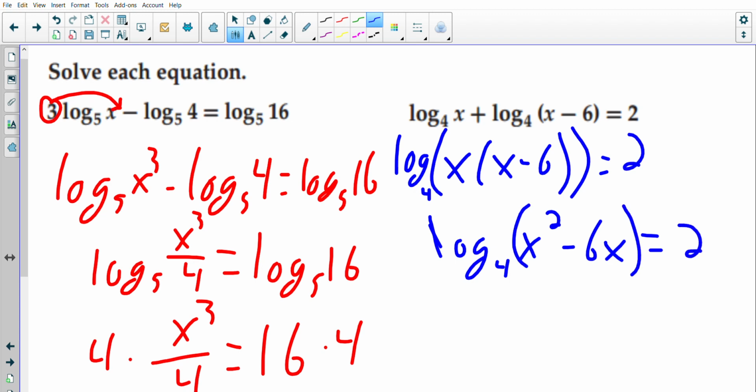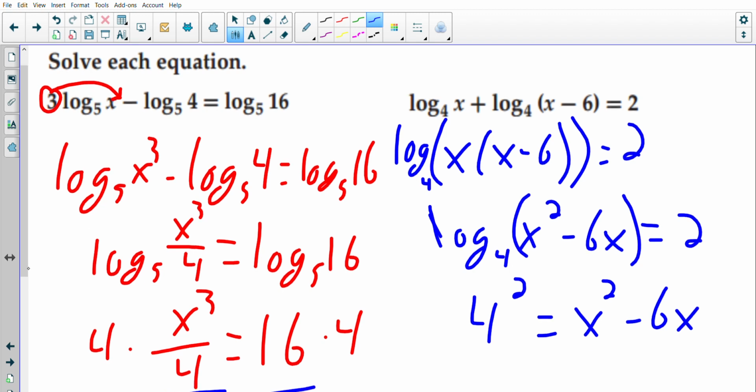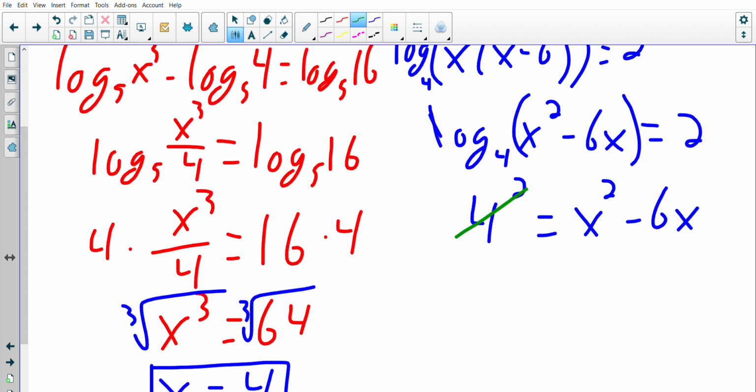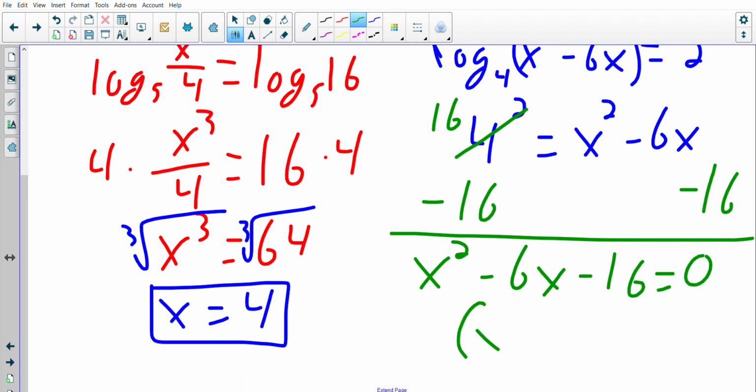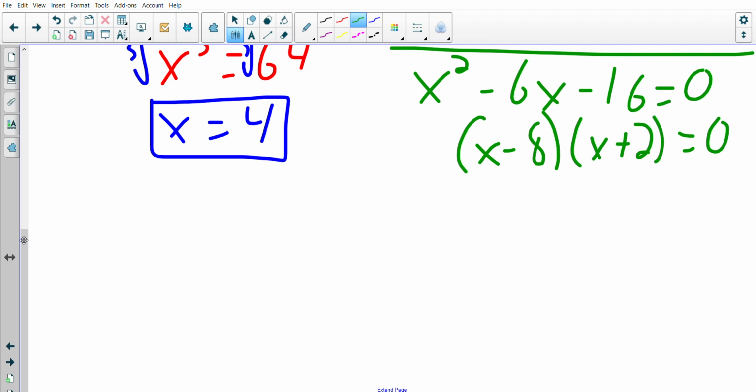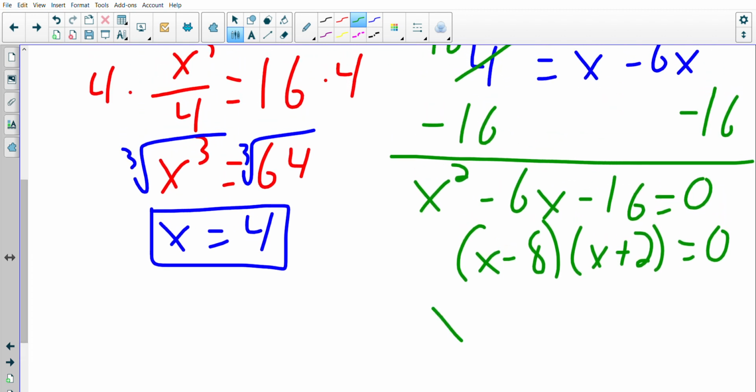Now we use our properties and we can rewrite it as 4 squared is equal to x squared minus 6x. 4 squared is just 16. So I'm going to subtract 16 from both sides. So I get x squared minus 6x minus 16 is equal to 0. This can be factored into x minus 8 times x plus 2, and that is equal to 0. Solve for both. We get x is equal to 8 or x is equal to negative 2.